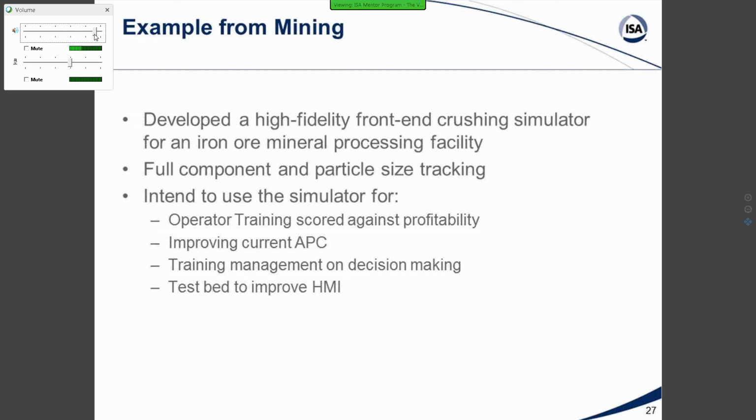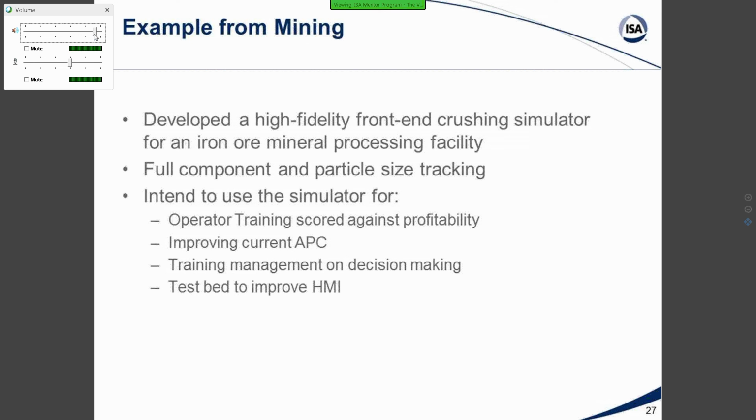They wanted to use this to improve their advanced process controls, specifically to play around with the idea of auto starting and stopping different equipment, or auto switching equipment if there was a certain case that needed it to do so. And some of this was also accounting for the power draw. These large pieces of equipment have a massive power draw, and they take this into account in their profitability and in what their advanced process control is doing.